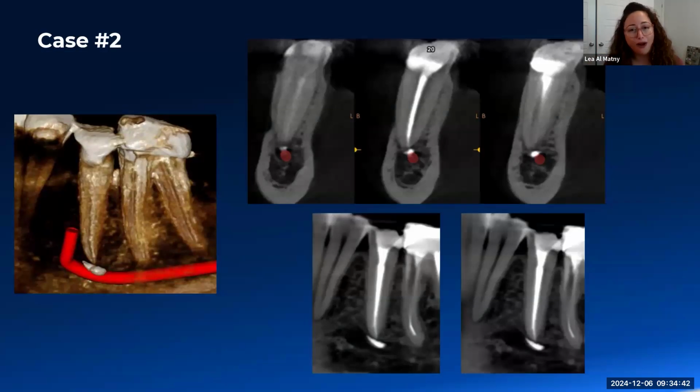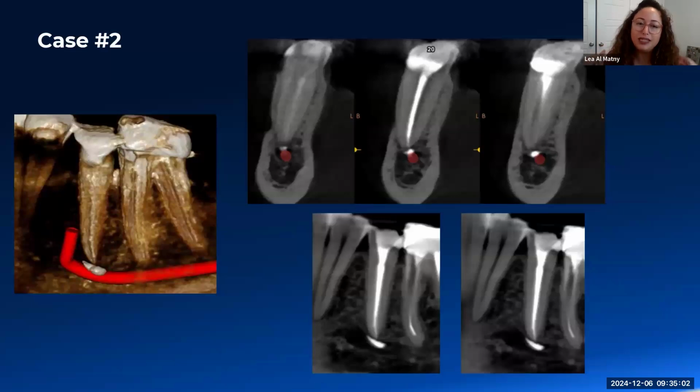But very often you will find variations of normal that you should consider in your treatment, especially if it's a root canal treatment.